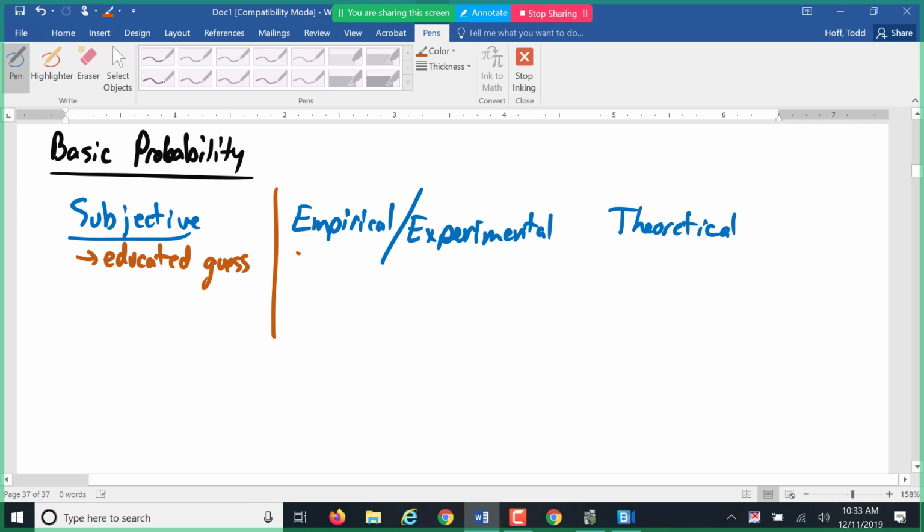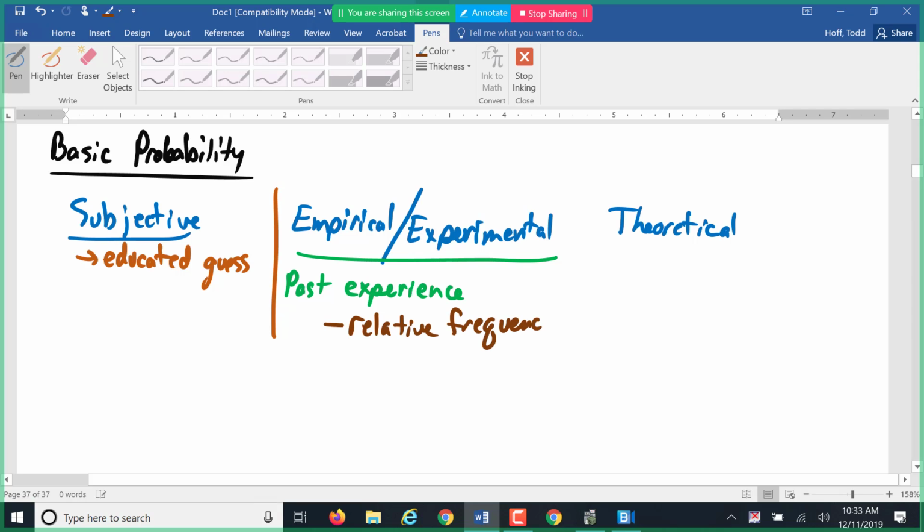So it is still an educated guess. The empirical or experimental is based on past experience. And really what it's based on is relative frequency. What do I mean by that?